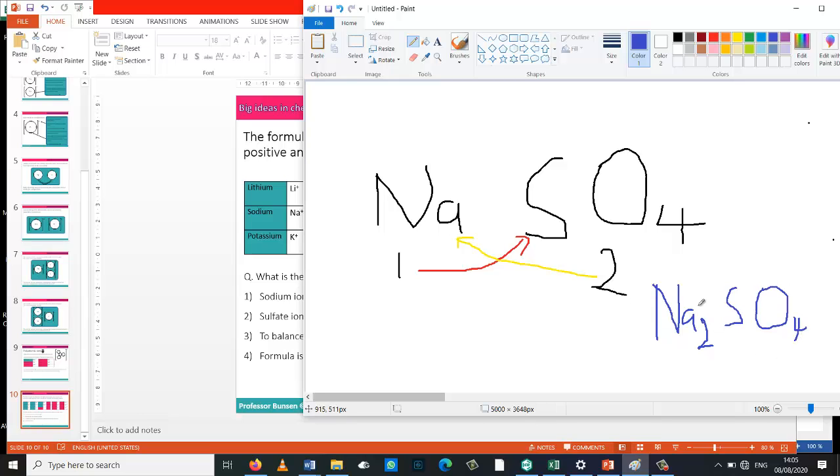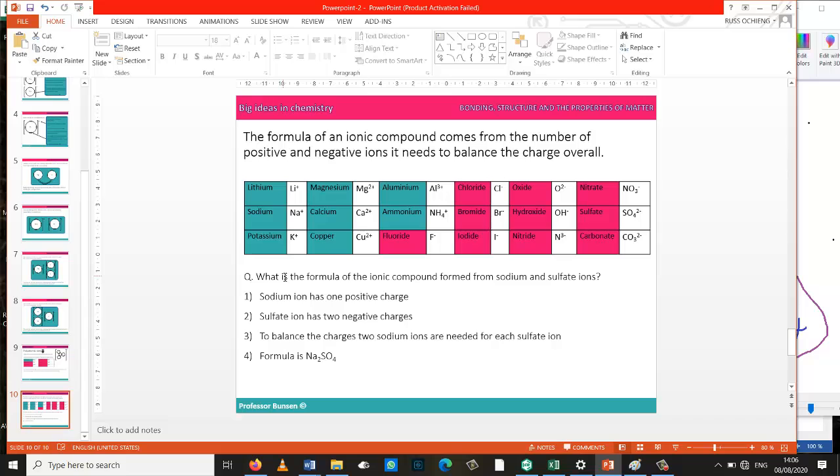This will be the general formula for sodium sulfate, and I hope you can try to draw the other elements.